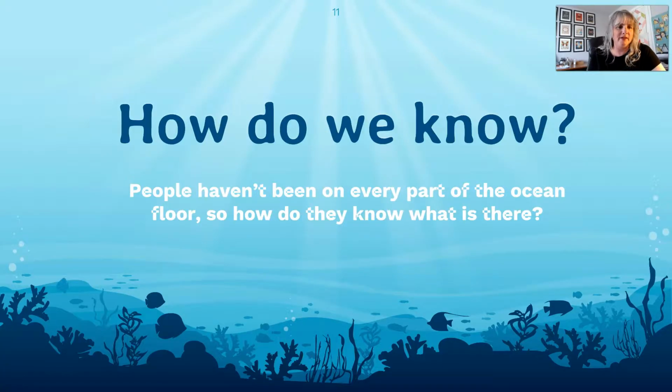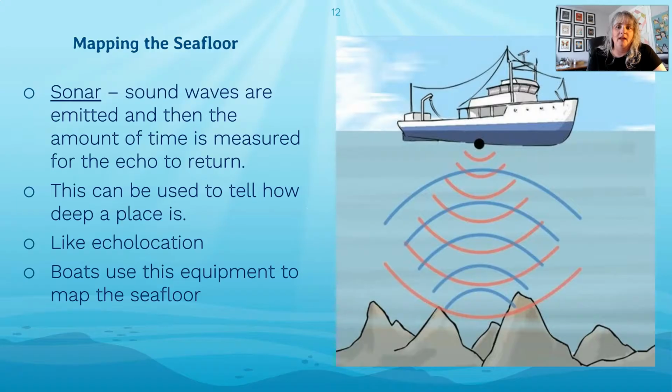So how do we know this? Much of the ocean has not been explored because it's very difficult for humans to explore the ocean. So how do we know what's down there if we haven't been there? The answer to that question is sonar. Sonar is sound waves that are emitted from the bottom of a boat, and it's basically like echolocation.